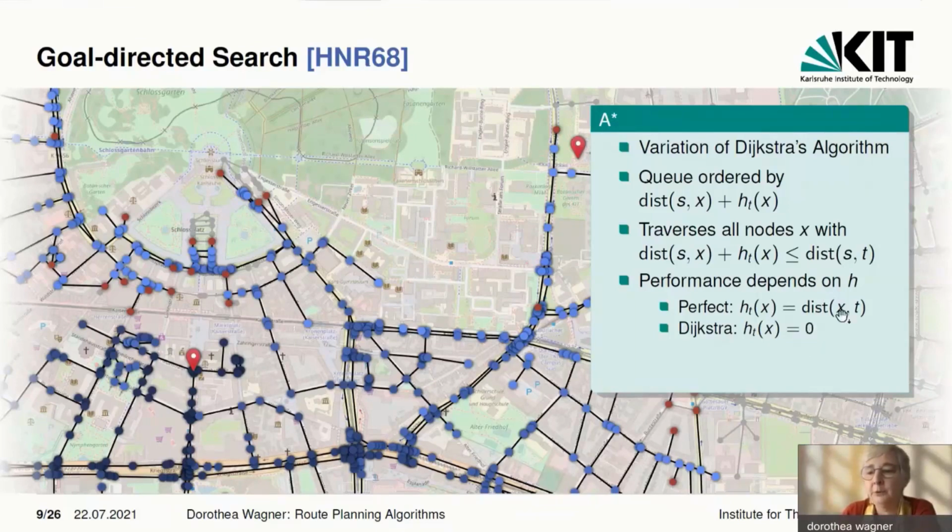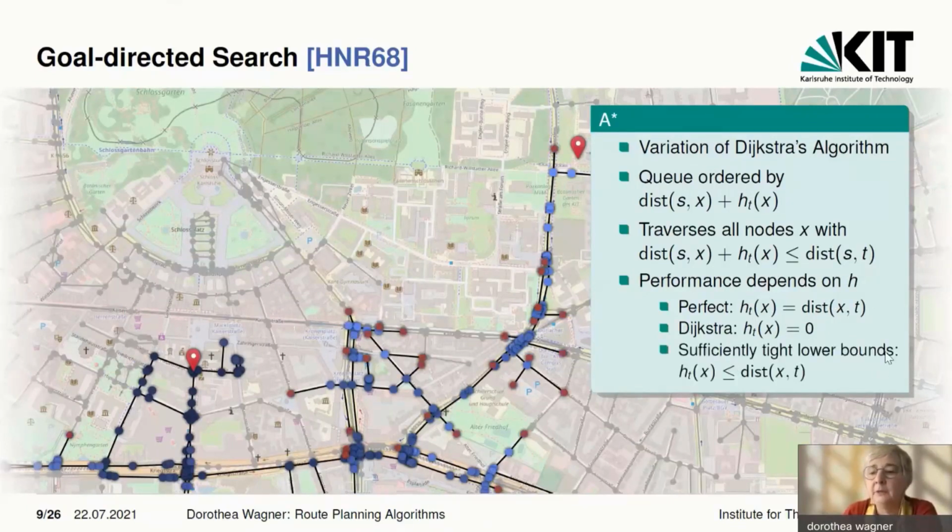Now, something in between this distance to the target node, which we don't know, and the potential 0 is what we maybe can apply, and that could have an effect on the performance of Dijkstra's algorithm. So we need some sufficiently tight lower bounds for the distance from each vertex to the target node.